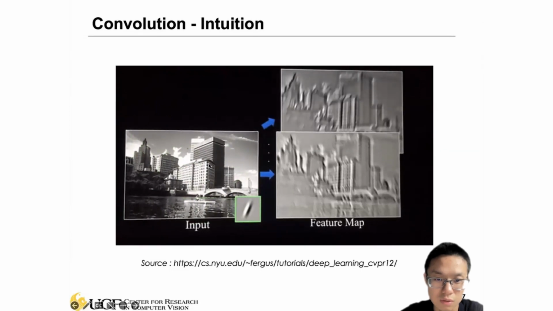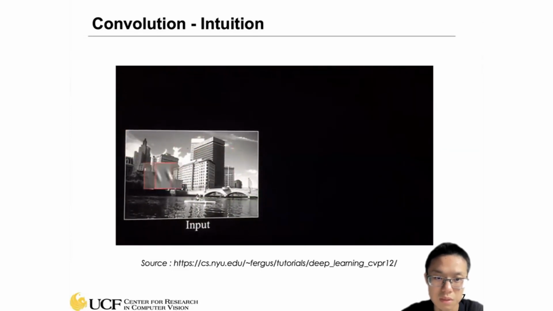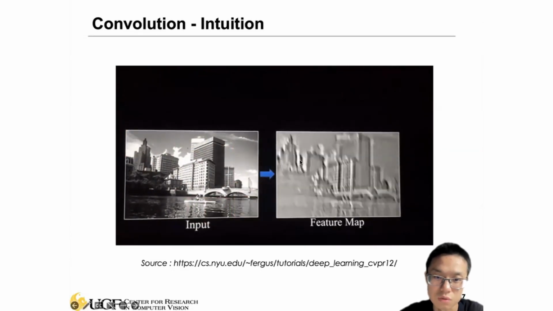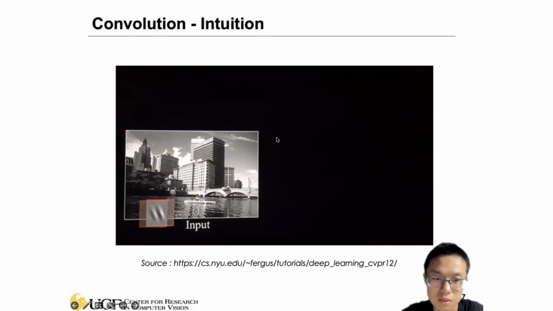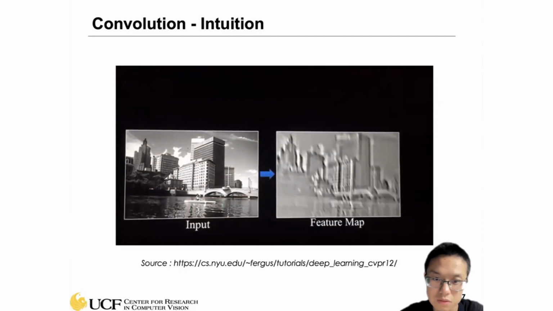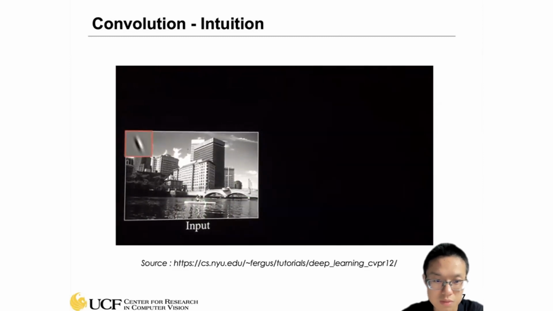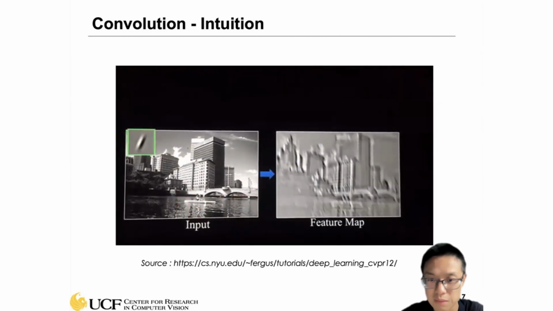If you change to another filter, maybe a horizontal edge filter, you will generate a feature map that is able to highlight the locations in the image where there are horizontal edges. That's pretty much what these filters are doing, generating the corresponding feature map to capture that information.